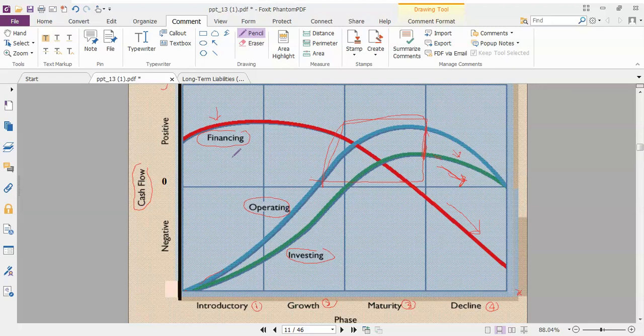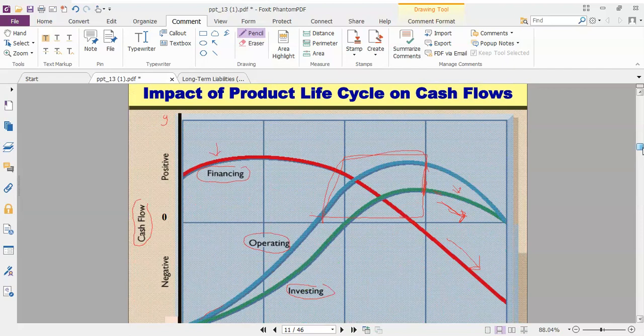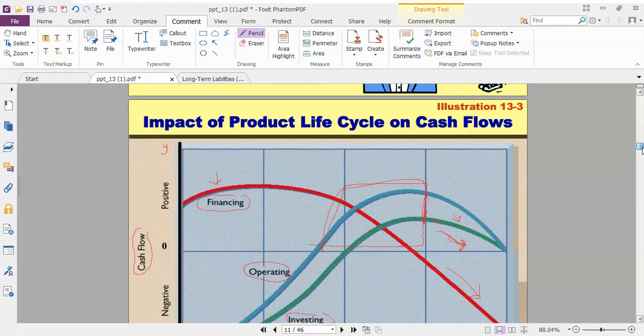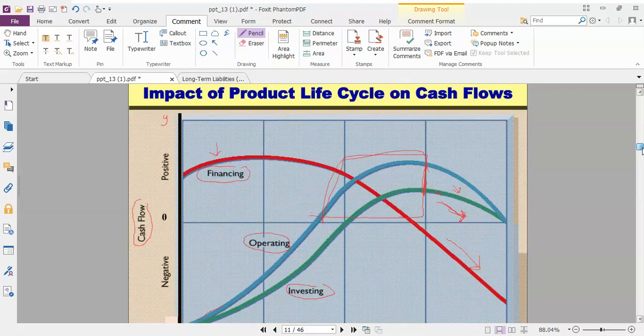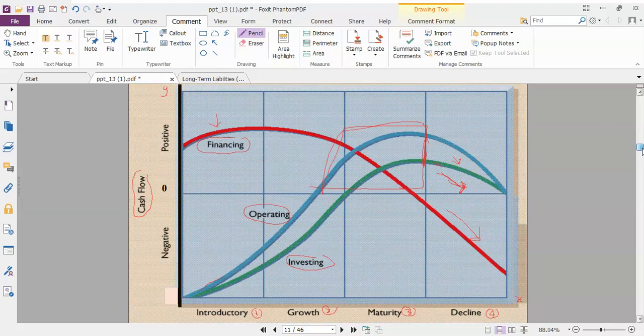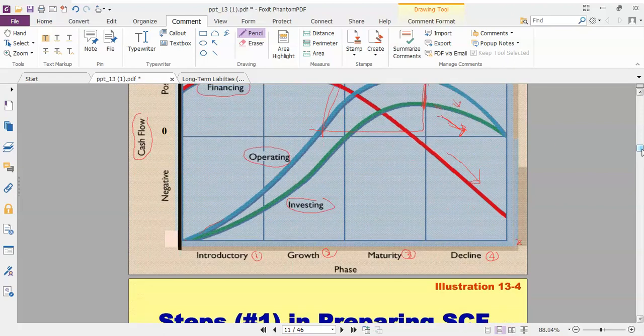That is the difference between the financing, operating and investing activities and the impact of the product life cycle on the cash flows, right? So we must first identify which activities, because there is a difference between the activities and the cash flow that impacts each phase of the product life cycle.